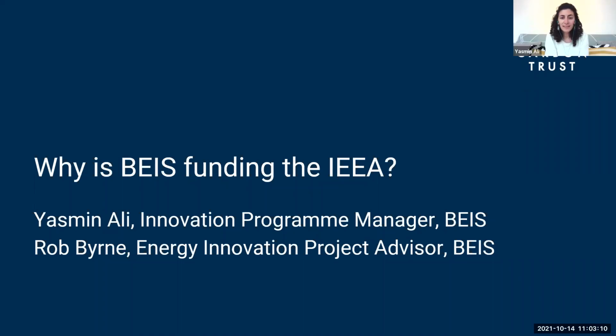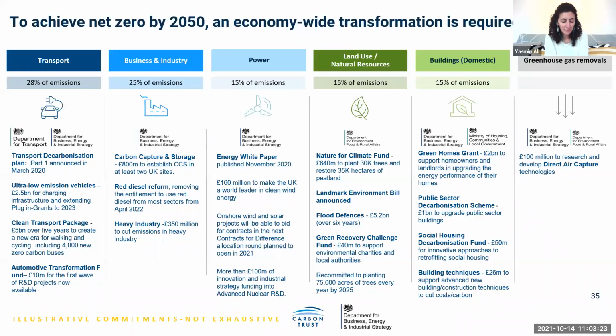Thanks, Paul. Yeah, so I'm Yasmin Ali. I'm one of the innovation program managers at BEIS, and I wanted to say a little bit about why we're doing this. So if we go to the next slide, please. The whole overarching point, if I could summarize it in a couple of words, is net zero by 2050. In order to get this, we need an economy-wide transformation.